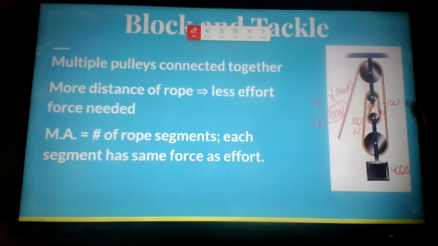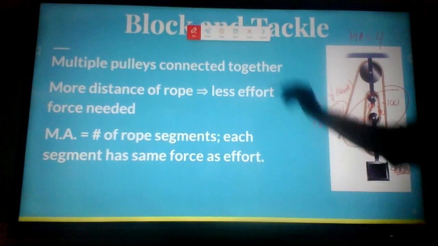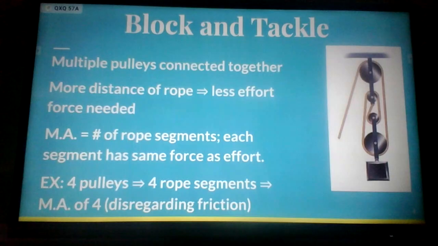All these are newtons. We have a mechanical advantage of 4 because we have 4 pulleys and ropes. 4 pulleys gives us 4 rope segments in between the pulleys. The same force that we apply is put onto each section of rope, disregarding friction. We get a mechanical advantage of 4.